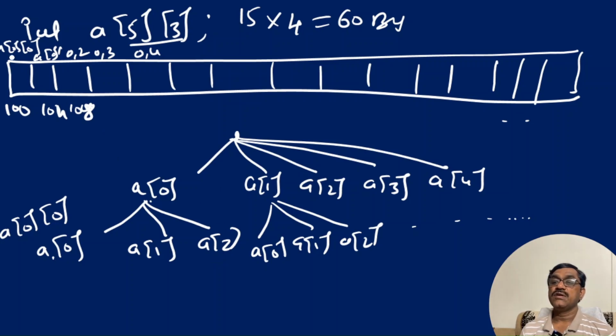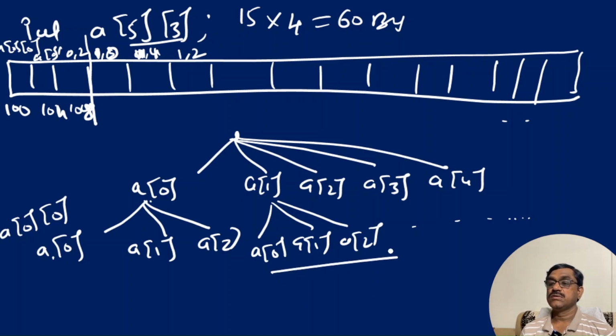Okay. Now what would you write? A of 0 0, a of 0 1, and a of 0 2. Up to this you write a of 0 2. Now for the second one, you have to start from a of 1 0, and this is a of 1 1, and this is a of 1 2.